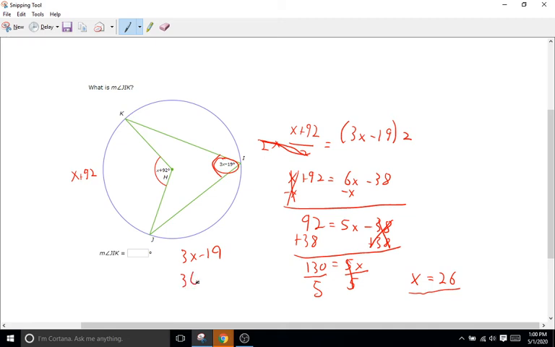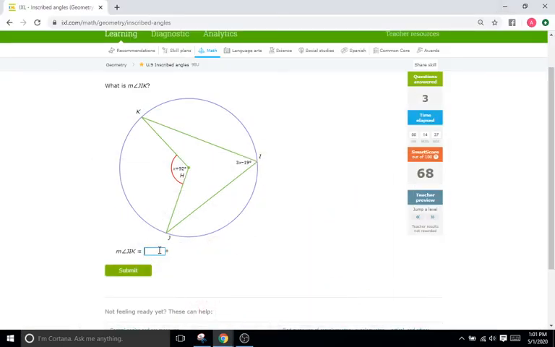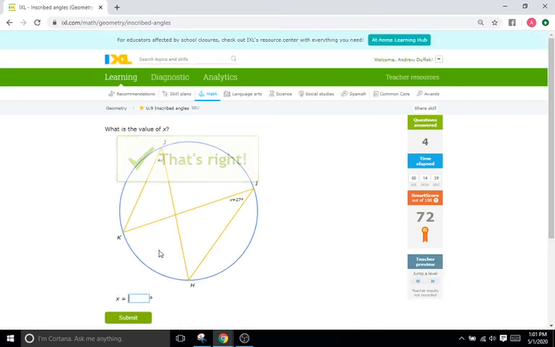So it's going to be 3 times 26 minus 19, and that is going to be our answer. 26 times 3 is 78, and minus 19 is a grand total of 59. So I is going to be 59 degrees. And there we go.